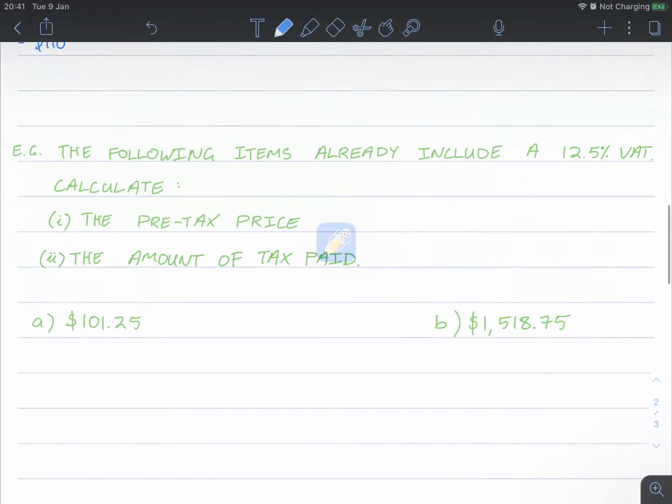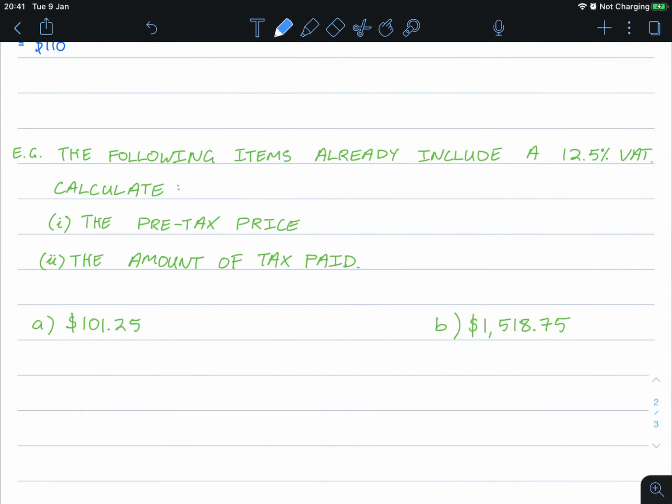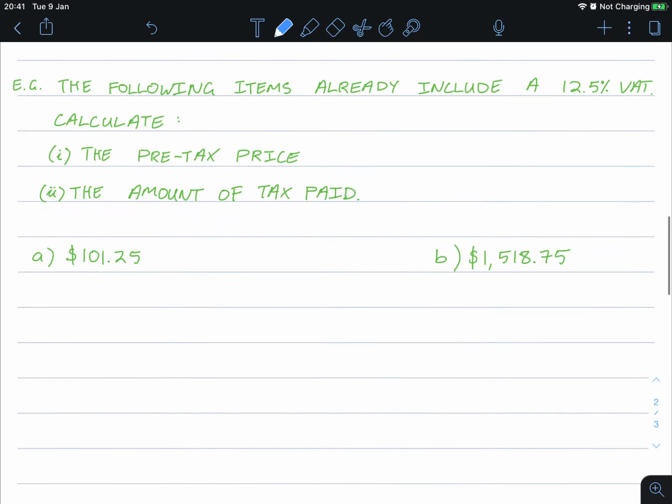Let's do another problem involving VAT and GST. The following items already include a 12.5% VAT. Calculate the pre-tax price and the amount of tax paid. So the items that we paid, these listed amounts already have the 12.5% added.